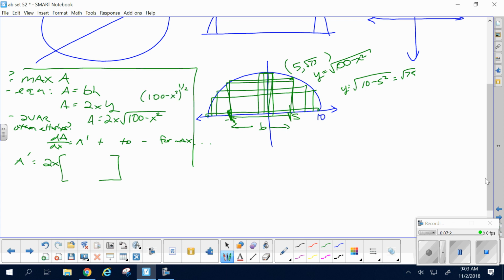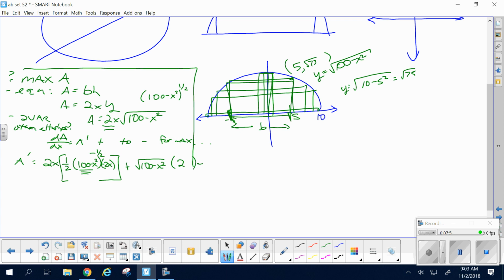So change: 1/2 times 100 minus x squared to the negative 1/2 times the inside derivative, negative 2x. Beautiful. Plus, second stays the same, square root of 100 minus x squared, times the derivative of the first. What's the derivative of the first, 2x? 2.